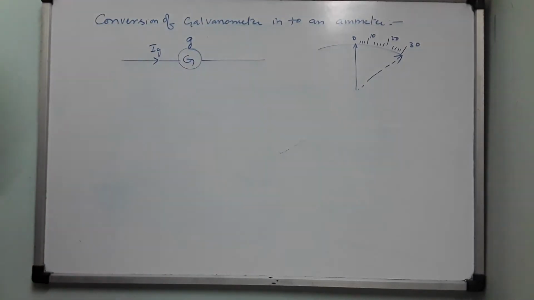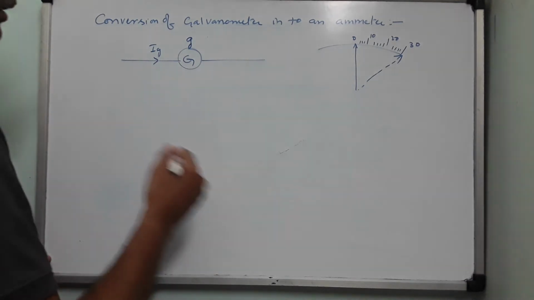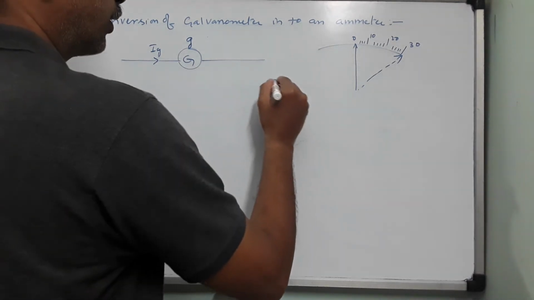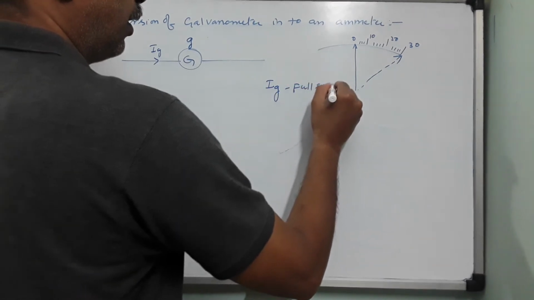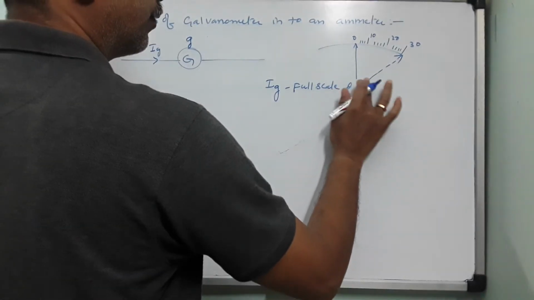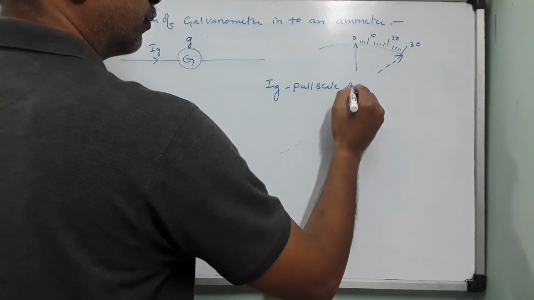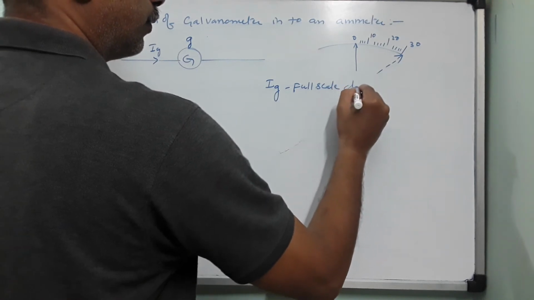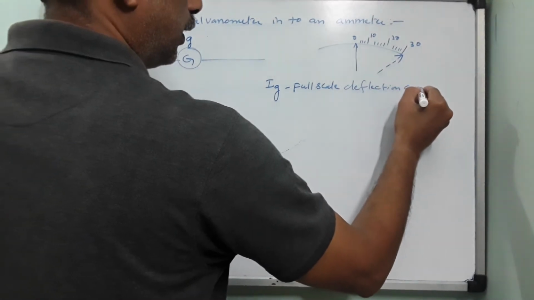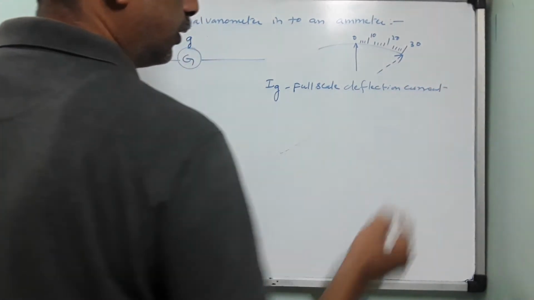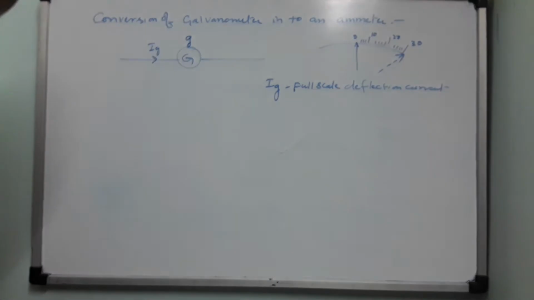Then it cannot measure. Therefore this Ig is known as the full scale deflection current. It is the maximum current that can be borne by this galvanometer.